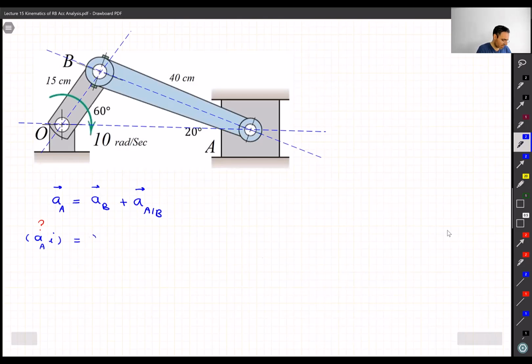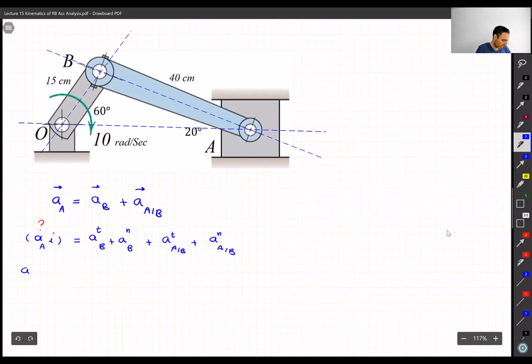AB. It has T and N components, TB plus NB. AA with respect to B, it has T component and N component. Now let's replace them.